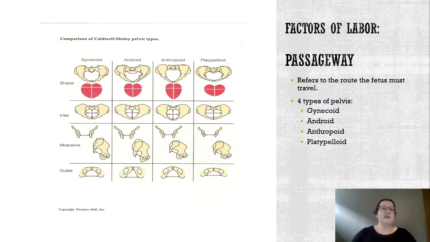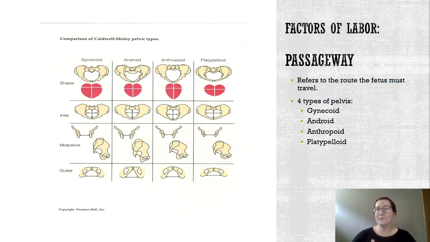This is half of all the pelvises around the world. It's kind of ovoid or round in shape. When you're looking at the hearts there, the red, you can see how it has more of that ovoid shape to it. Again, you don't want a very narrow or shortened true pelvis, because it needs to get that biparietal diameter through.